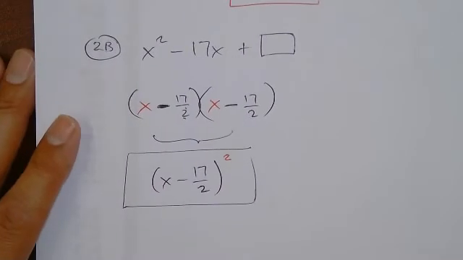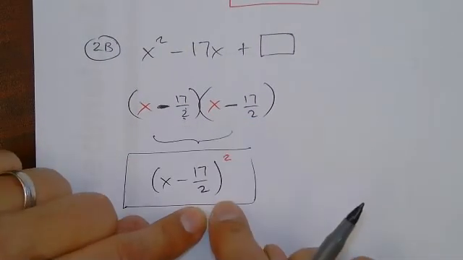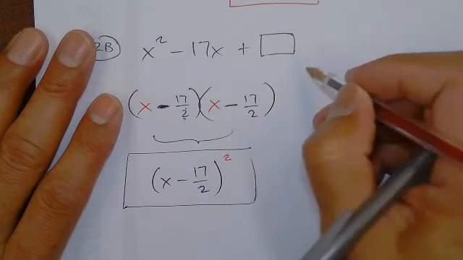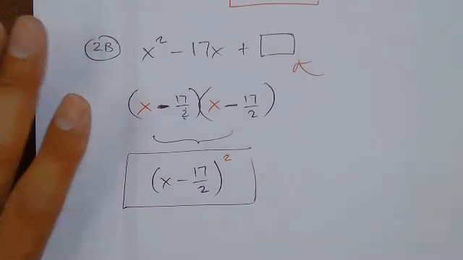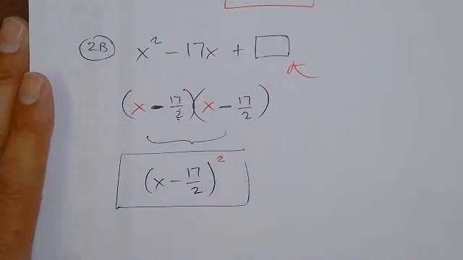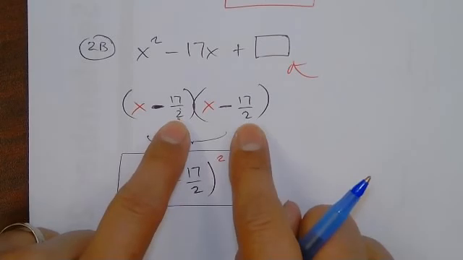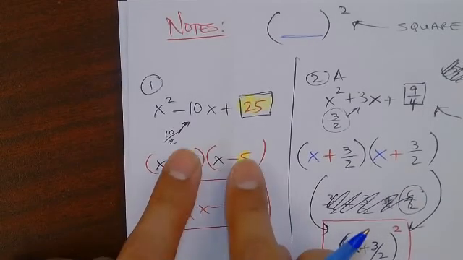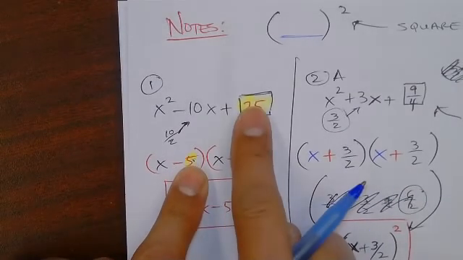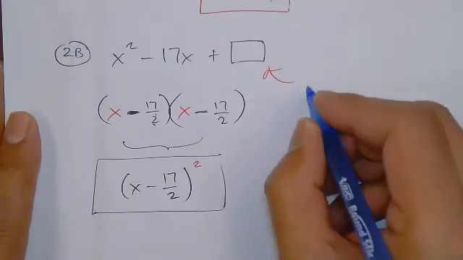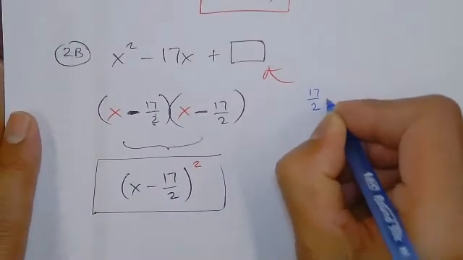That's what I want. I want this squared. Okay, it's a fraction, 17 over 2. I got this part, but the other piece was what? What number has to go there to complete the square? What do you have to do to get that number? Don't you have to multiply these two? Just like over here. If you knew that this was 5 and 5, you have to multiply it to get 25.